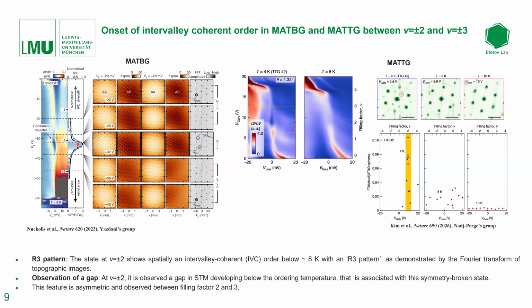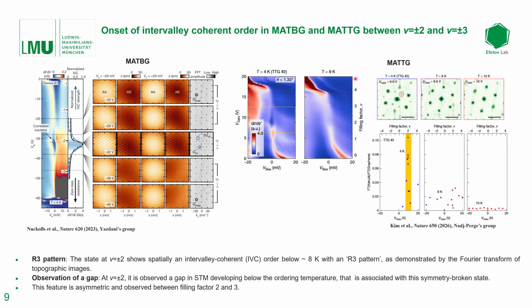This R3 pattern was highlighted by a three times enlargement of the unit cell on the graphene, which they can follow and trace depending on the filling that they were applying to the system. And as you can see in this data, this R3 pattern was really peaking around filling factor -2, a little bit closer on the hole side. So this gap was interpreted as an IVC gap that was forming in the system.